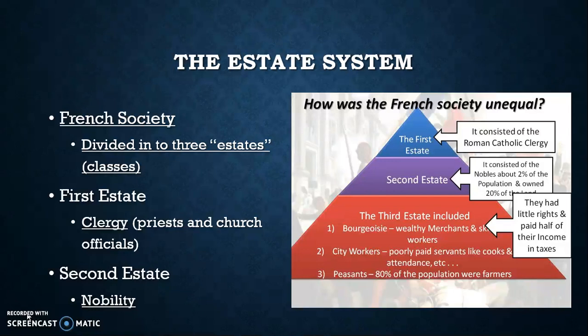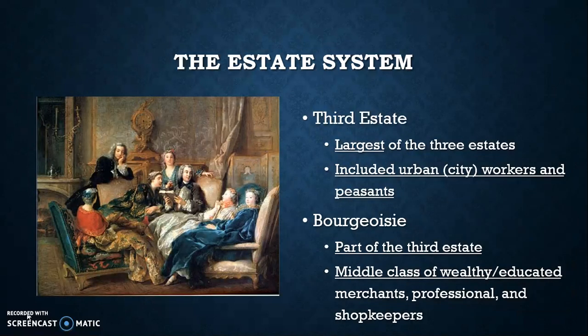They make up about 2% of the population, and they are pretty much the aristocrats, the people who come from important families in France. The largest of the estates is the third estate. They include all of the city workers, the peasants, the farmers, the craftsmen. But a big part of that third estate is a growing middle class known as the bourgeoisie.